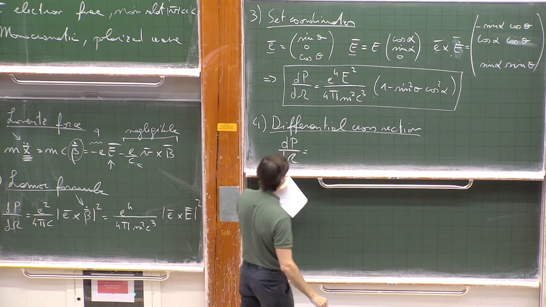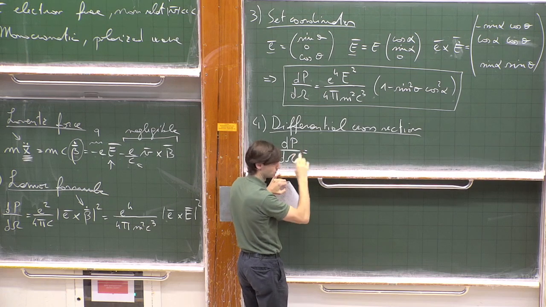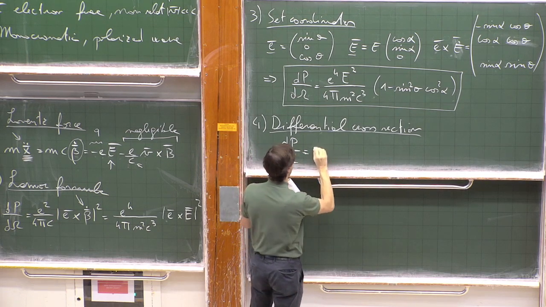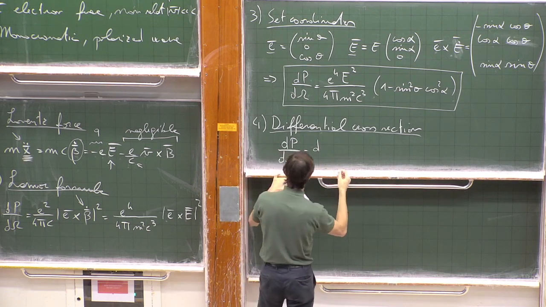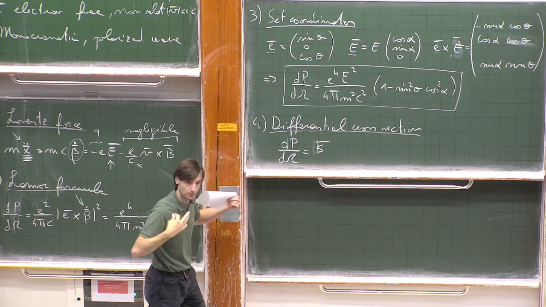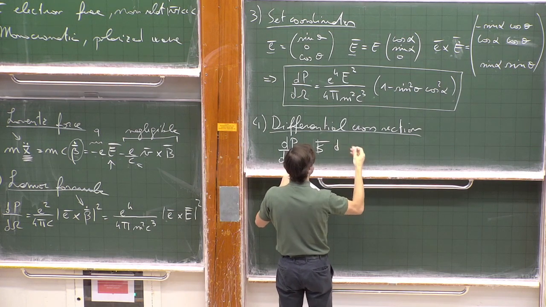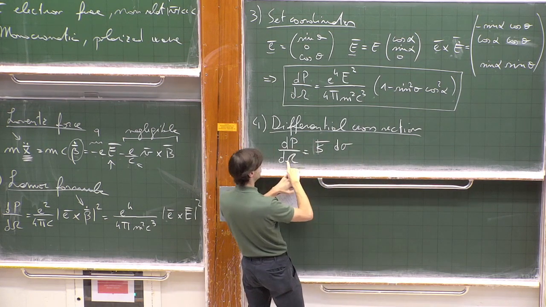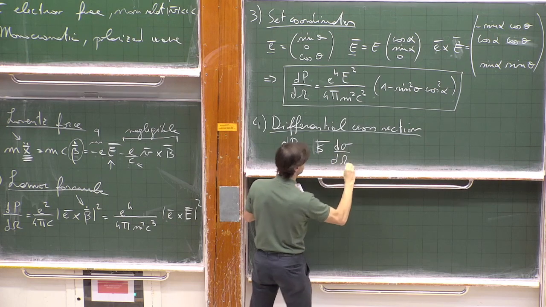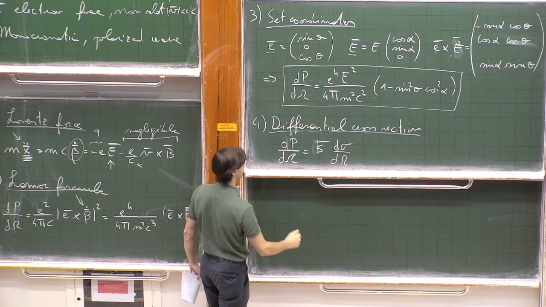It is going to be equal to what? The flux, so it is a power per unit of angle, the incoming flux, times an area, the cross-section, that is going to be per unit of solid angle, right?